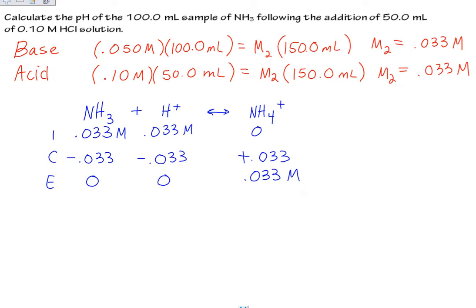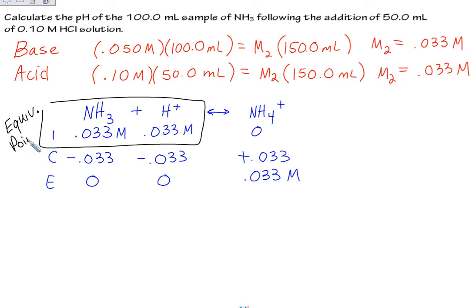So we could mark one thing in. This right here is the equivalence point. The point where we have equal moles of acid and base, according to the balanced equation.